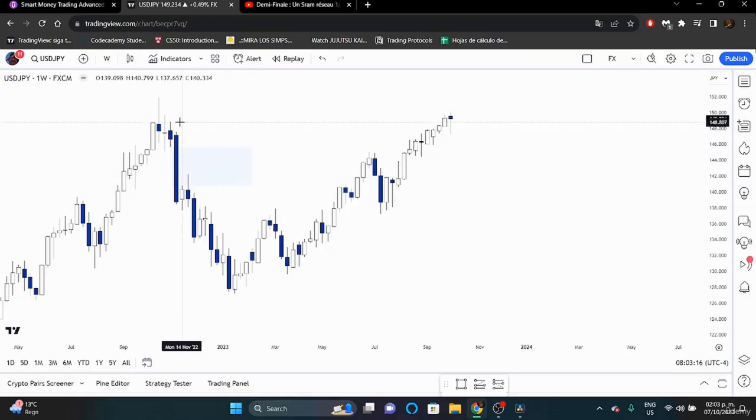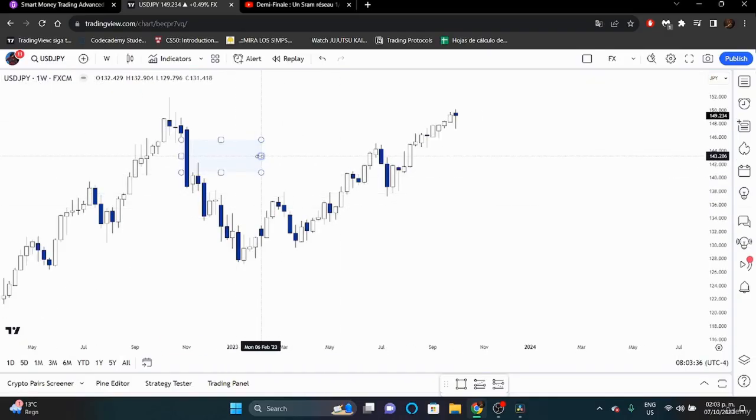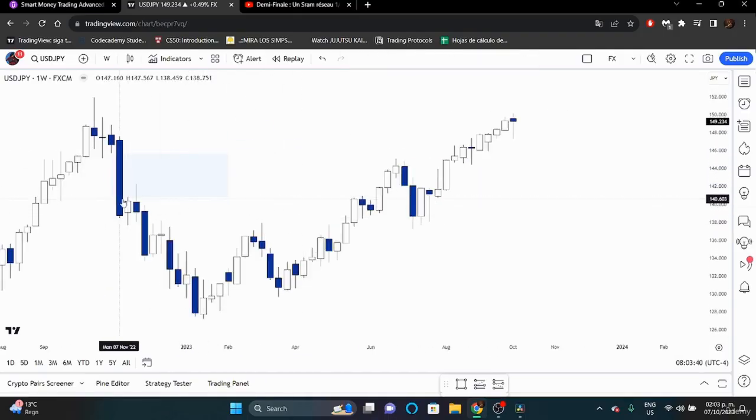On the weekly time frame, you could not get any selling at these prices between 140.8 and 145.7. Okay, between these prices there was no selling if you are institutions trading in the weekly time frame. Okay, so it's also a form of liquidity because if you can see it, it's the high of this candle.